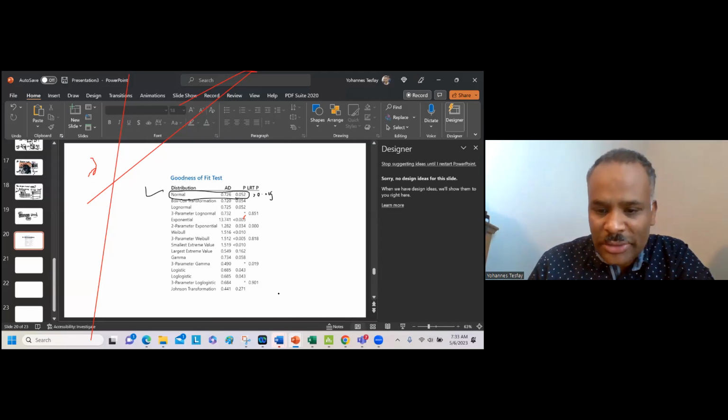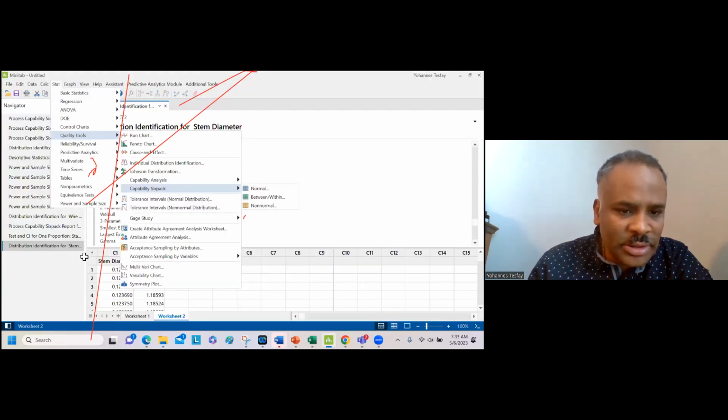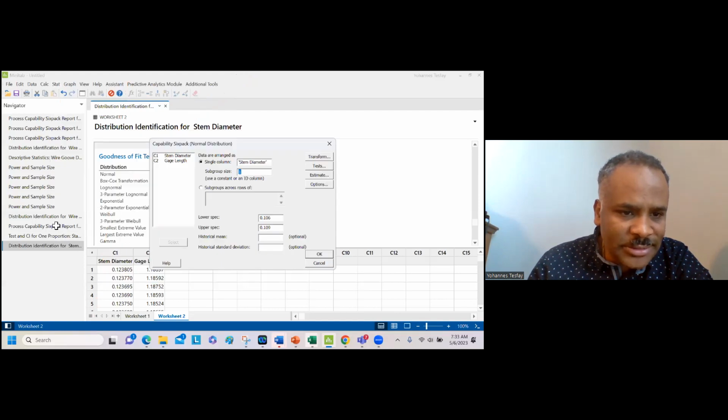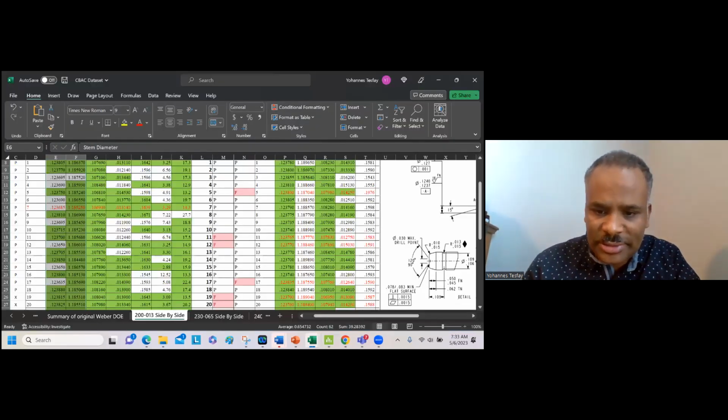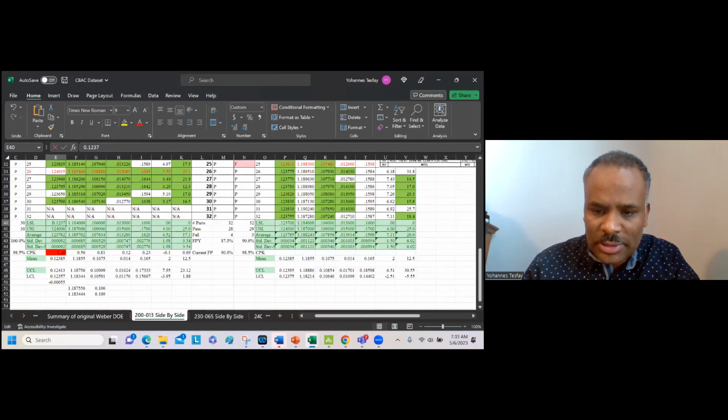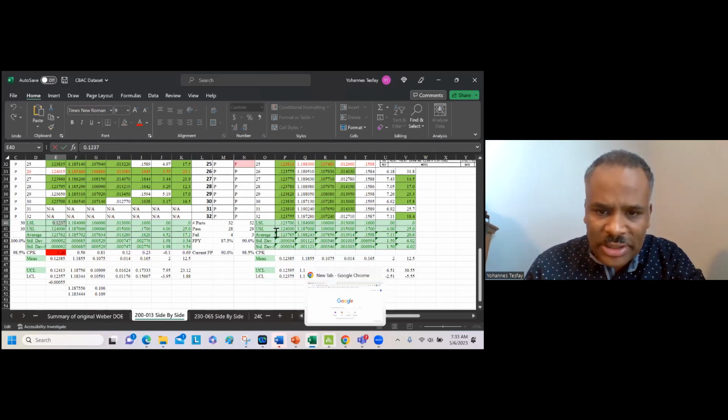So I'll go to Minitab here, start, quality tools. Let me see the dimension. Okay, this is my lower specification limit.